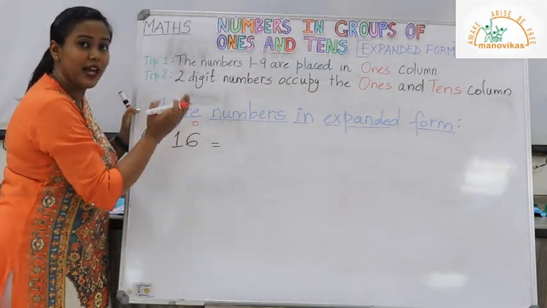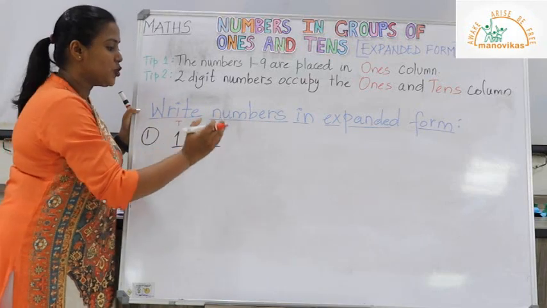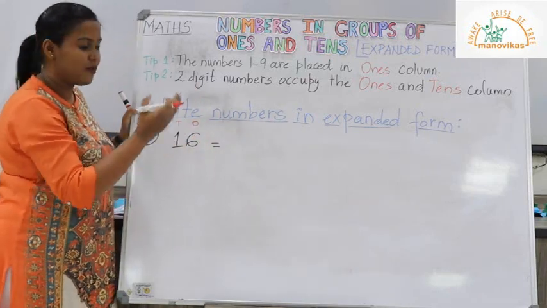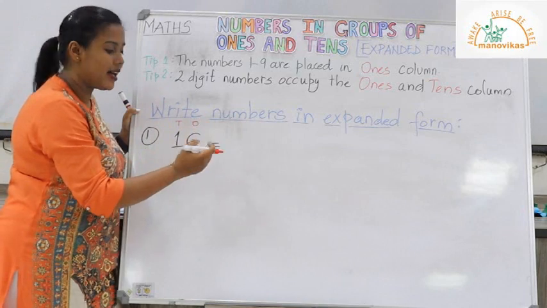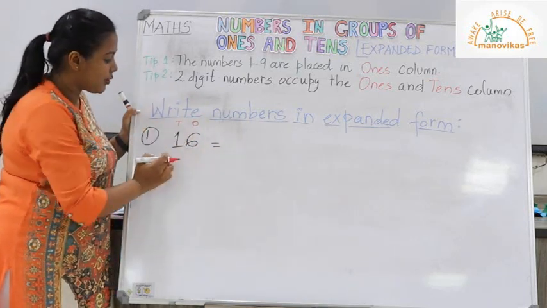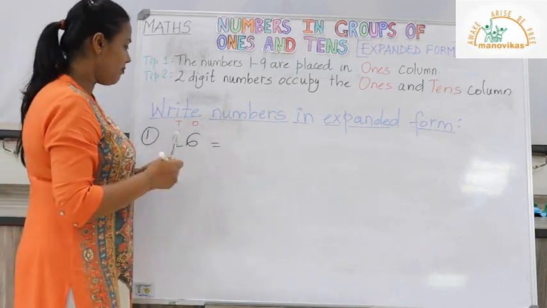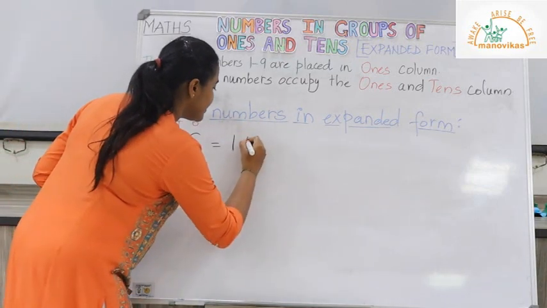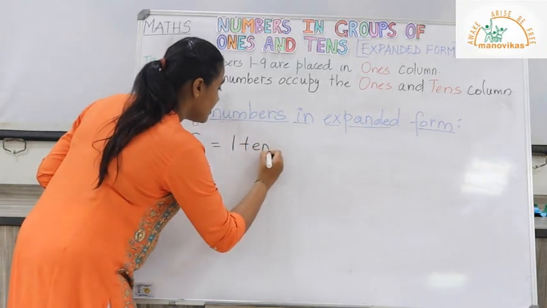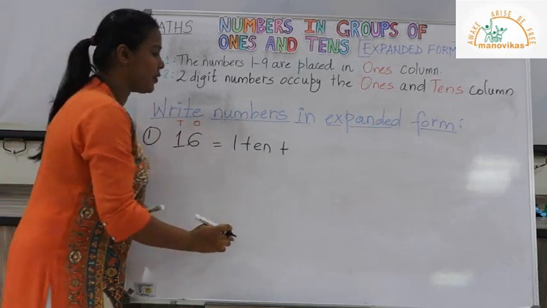So here, as per what I have told you, a two digit number occupies the ones and tens column. So this 2-digit number has occupied the ones column as well as the tens column. So the next step is, we are going to write how many tens and how many ones we have in this number. So here you can see we have only 1 ten. So let us write 1 ten plus how many ones do we have? We have 6 ones.